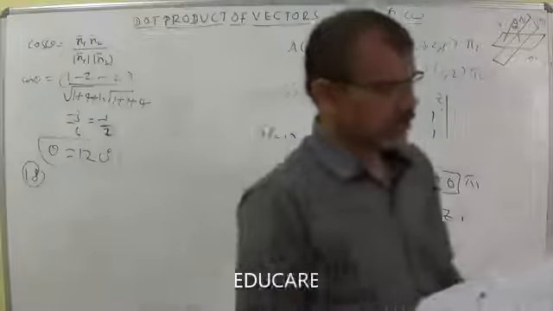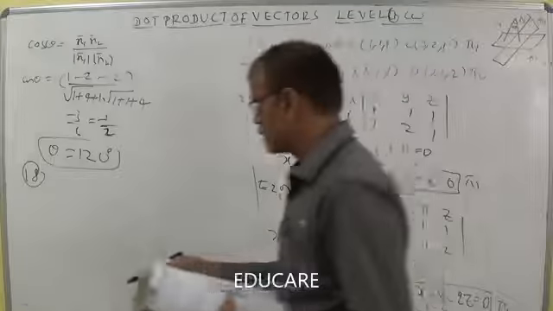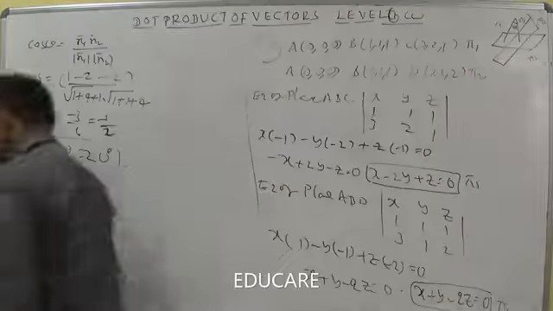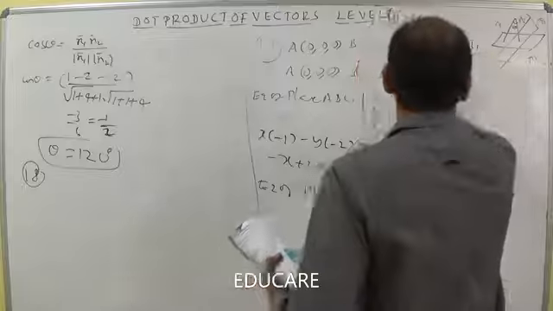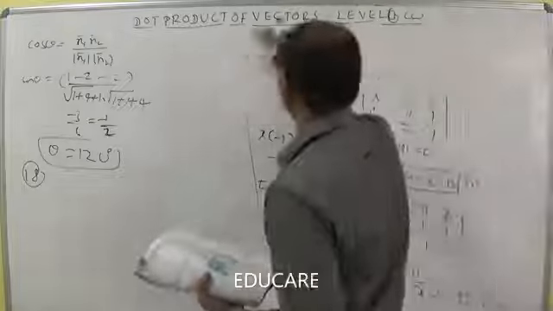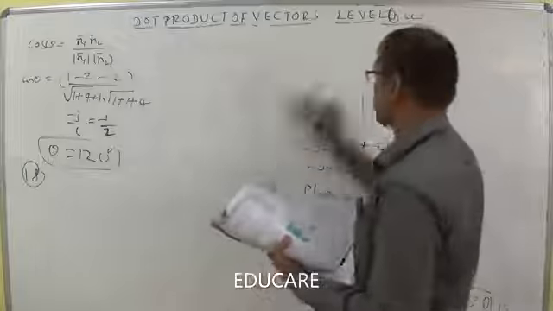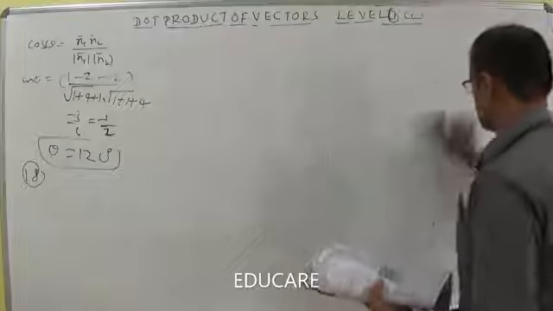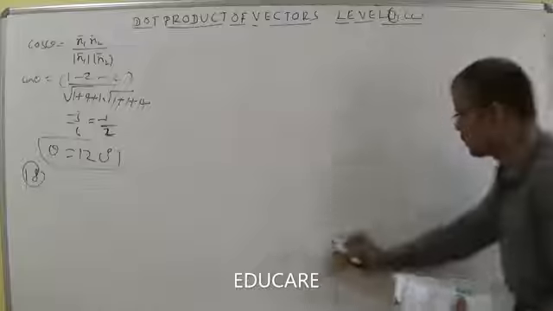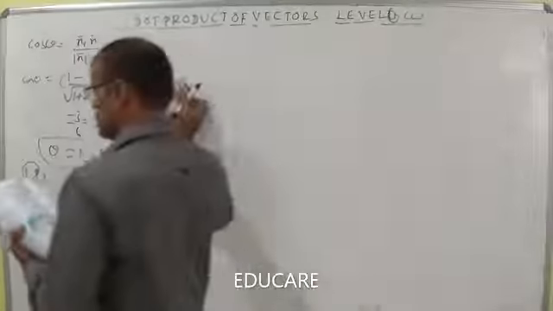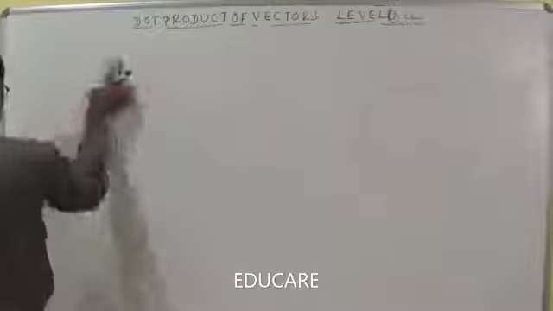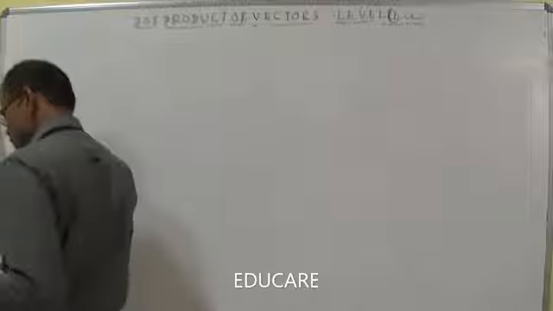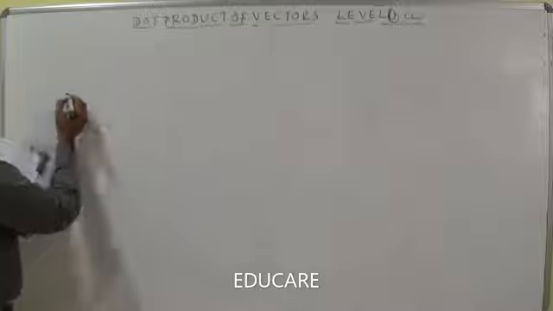The point of application of force. You should read the question carefully. The point of application of force, a force is applied. The point of application of force minus 2, 4, 7 is displaced from the point 3, minus 5, 1 to 5, 9, 7.